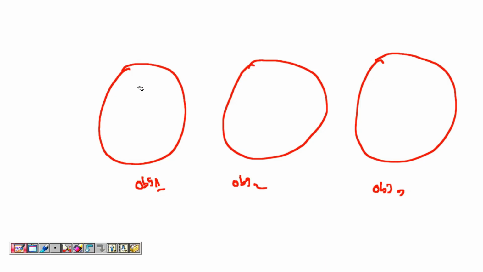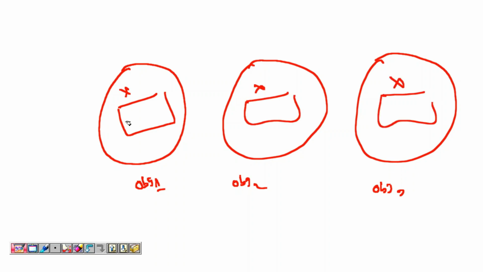A field is created for every object, x, with different values 111, 222, 333. But the value cannot be changed. This is the requirement.